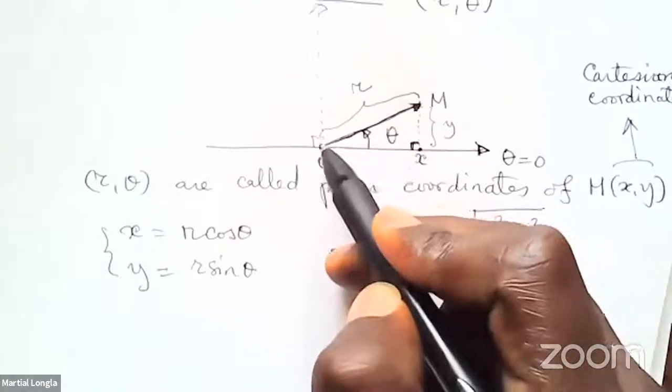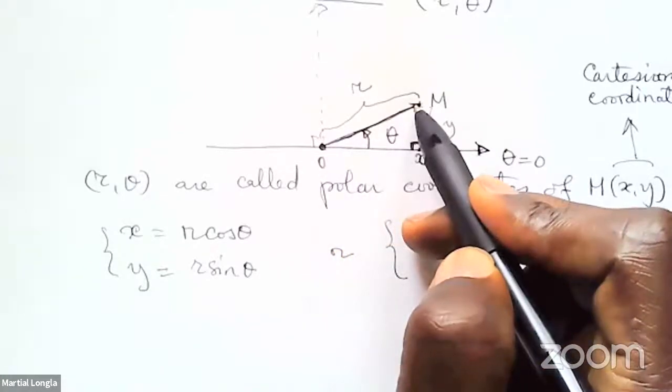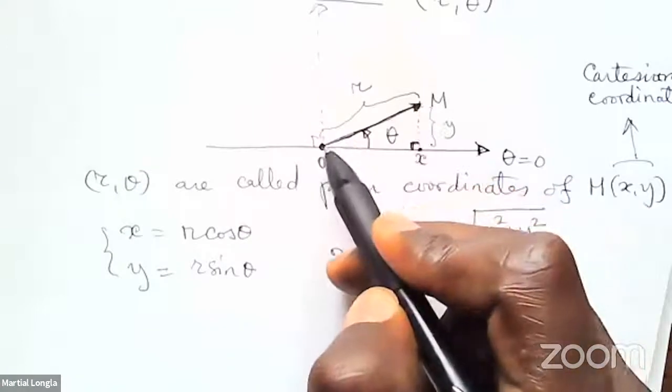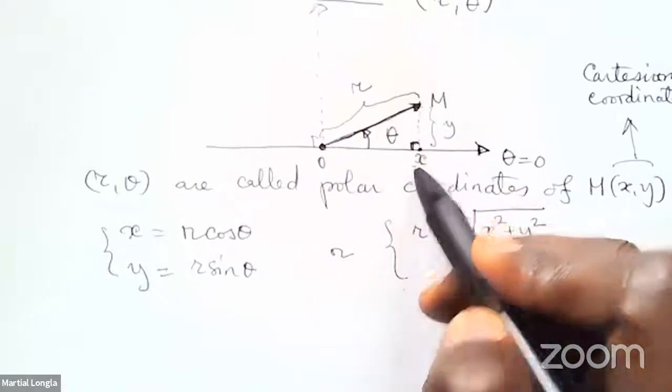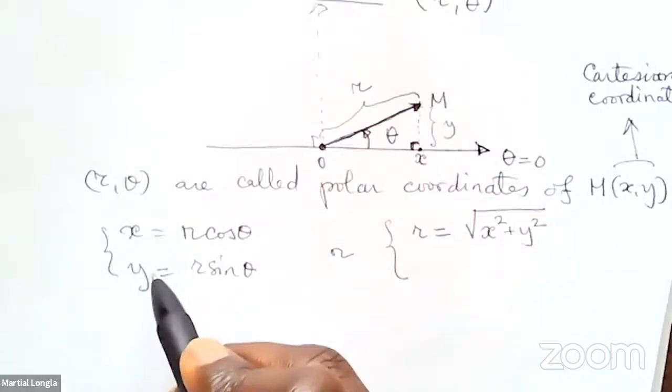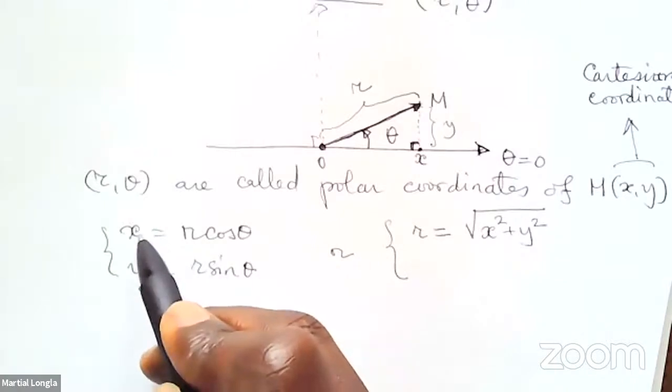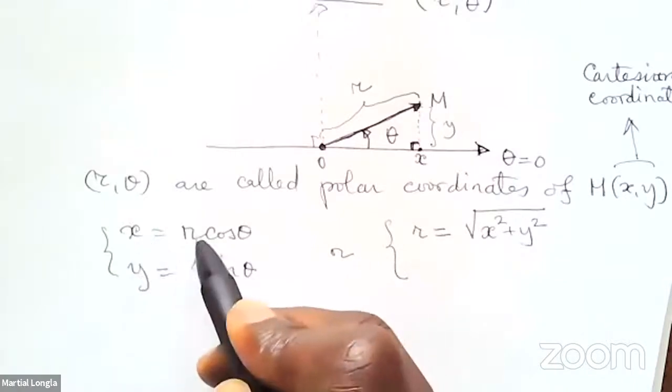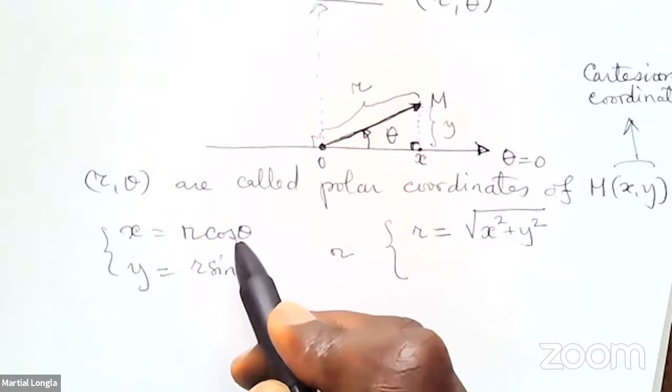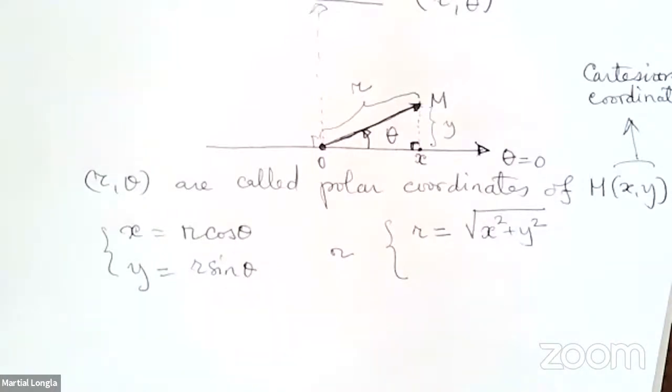So the size of r is the square root of x squared plus y squared. Or you can algebraically show that here. You see x squared plus y squared is r squared, because cosine squared plus sine squared is 1. And so you take the square root, you get r equals the square root of x squared plus y squared.